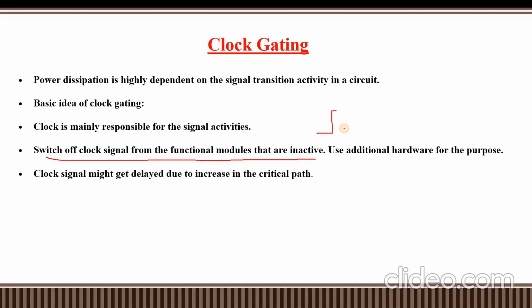The clock signal is responsible for the signal activities. There are some drawbacks with clock gating. That is, we have to use some additional hardware. Another drawback is that the clock signal might get delayed due to an increase in the critical path. Even though some drawbacks are there, it can reduce the dynamic power dissipation.